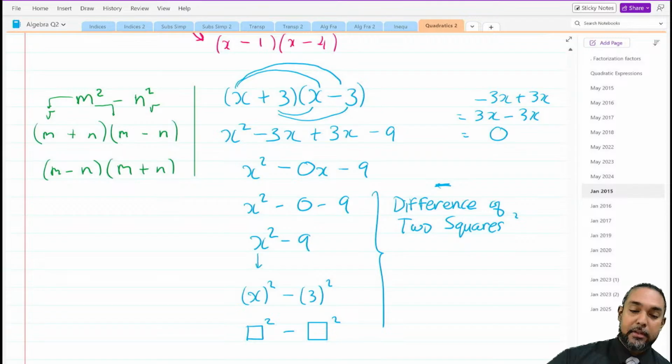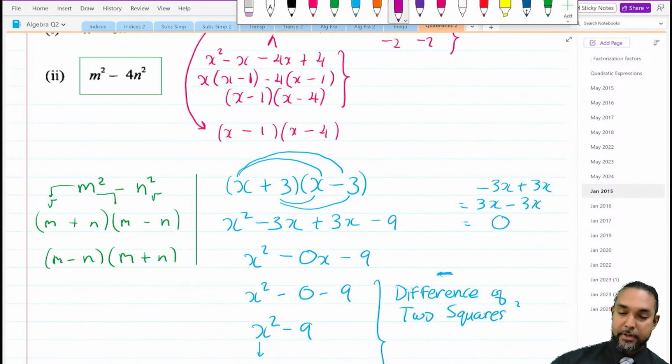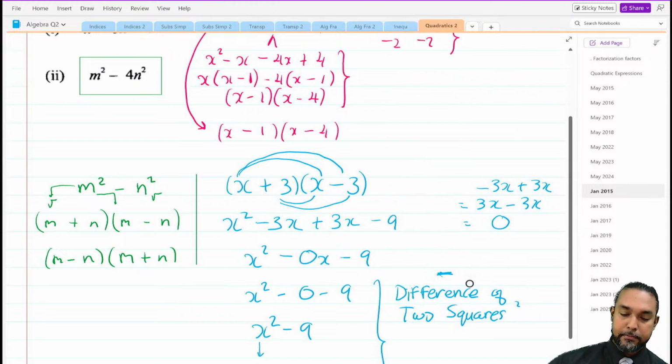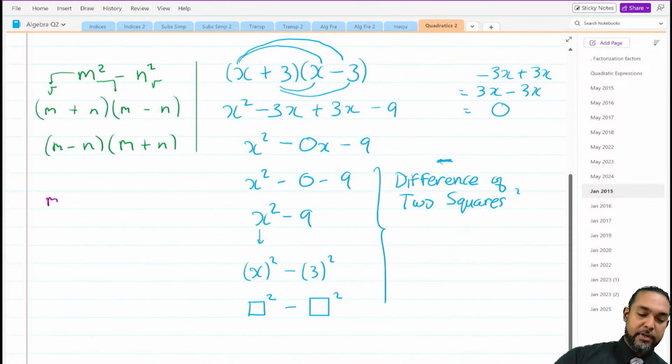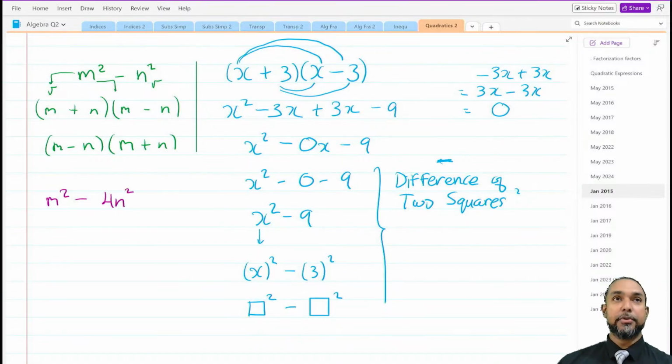So now, let's bring back the original thing, which is m squared minus 4n squared. If we consider m squared minus 4n squared, it is a difference of two squares. So difference, are we subtracting? Yes. Is it 2 and only 2 terms? Yes. Are they perfect squares? As in, if you were to find the square root here, what's the square root of m squared? Just m, right?